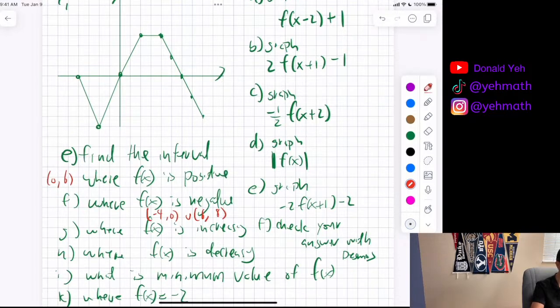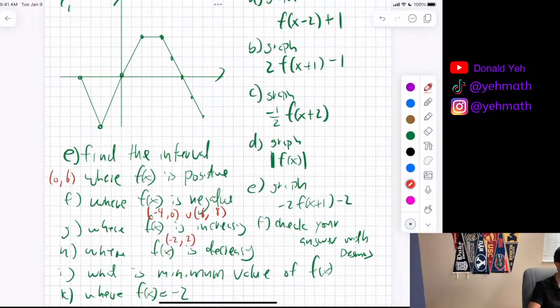Increasing is going to be from -2 to 2. Wouldn't 8 have a bracket? Which one, for F? Would 8 have a bracket? You are absolutely right. And what about 6? 6 doesn't have a bracket.